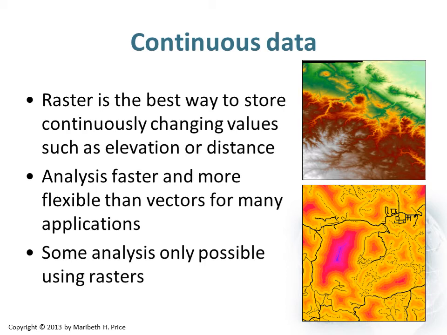It works really well for continuously changing values such as elevation or distance. For some things, analysis in raster data is much more flexible, and it works better than vector does for some applications. In fact, some things that you can do are only possible in raster datasets.